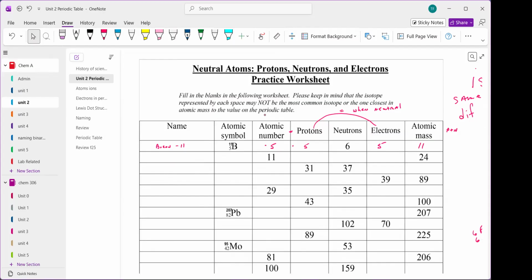I was looking at the periodic table and charts. Yeah, you're not going to, because the periodic table has the average. This is just one of those isotopes taking part in the average. So, you understand, right? Yeah, I understand.